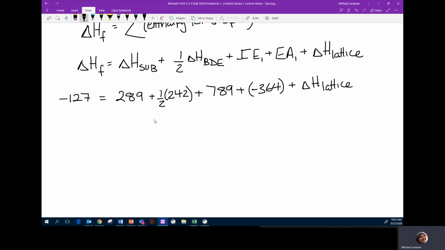So minus 127 is equal to 835 plus the lattice energy.